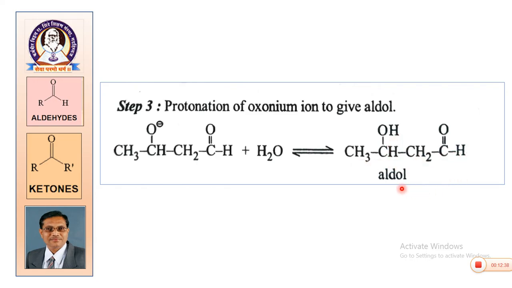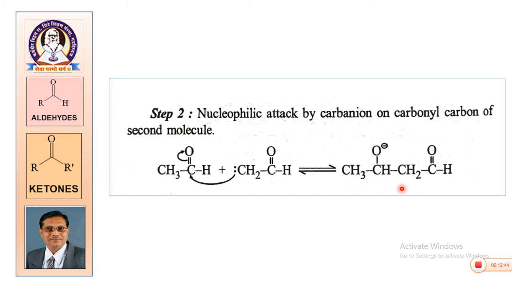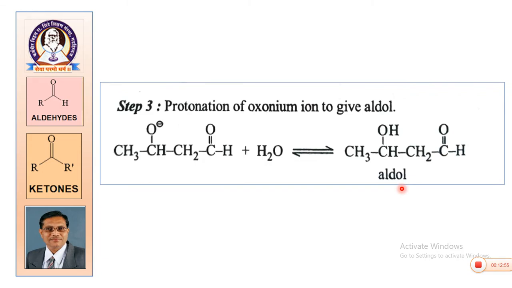This is the final product, which is called aldol. See once again: abstraction of a proton gives a carbanion, the carbanion adds as a nucleophile to the carbonyl carbon of the second molecule to form an anion, and this anion gets protonated to give aldol. You are expected to write the mechanism up to this point. The mechanism is over in the third step.